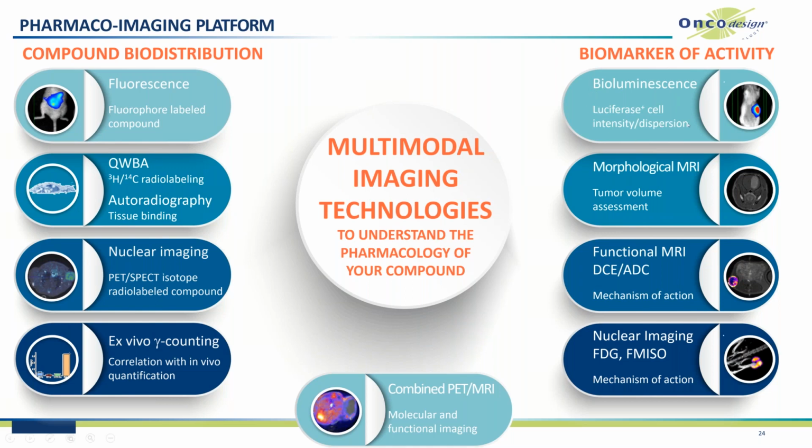Bioluminescence could be a good alternative to that. Or you can also use standard nuclear imaging tracers like FDG or MISO that will follow metabolism or hypoxia.